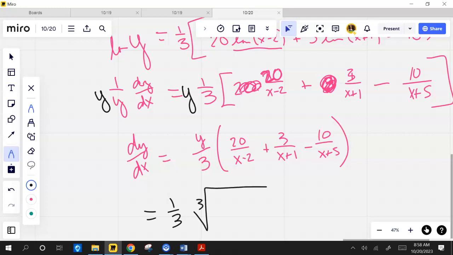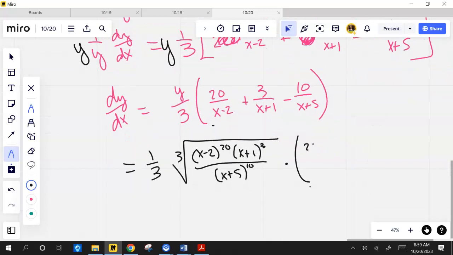the cubed root of x minus 2 to the 20th, x plus 1 to the 3rd, over x plus 5 to the 10th, times all of this. It looks terrible, but I really haven't done a lot of work. It's just a lot of writing this stuff out.